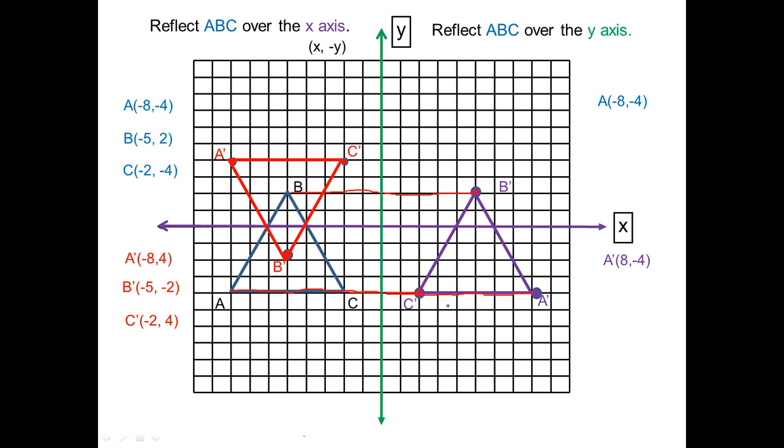I had a negative 8, I'm now at a positive 8. My B, negative 5, positive 2, has become positive 5, positive 2. And my C, which is negative 2, negative 4, has become positive 2, negative 4. So the rule is that when you reflect over the y-axis, your x values change their sign, and your y values remain the same.